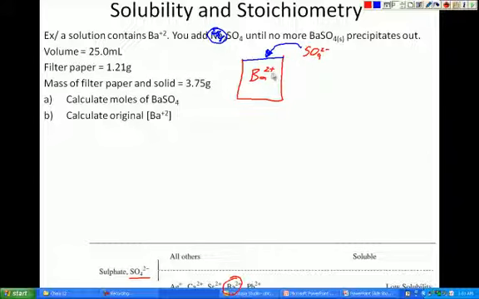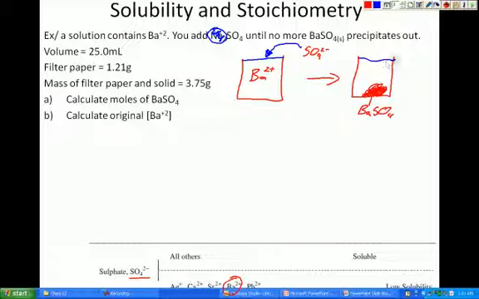So what goes in here is this, and then what happens is you get a beaker that has a precipitate in it. Okay, so we get some solid here, and this solid is barium sulfate.